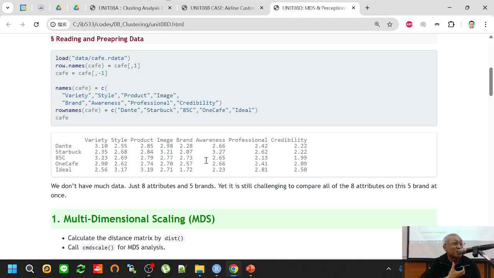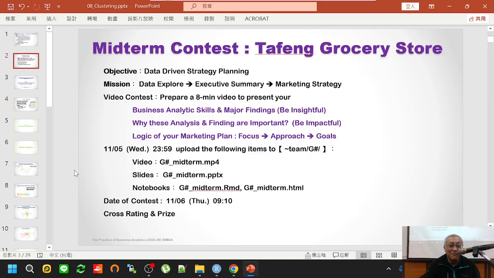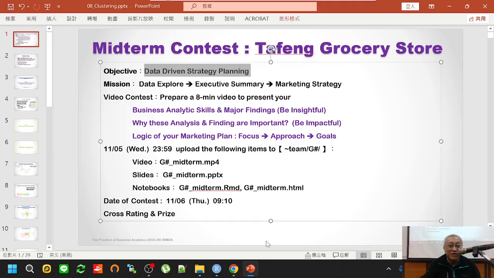And the spirit of business analytics, let's go back to our campaign, right, is to do data-driven strategic planning.